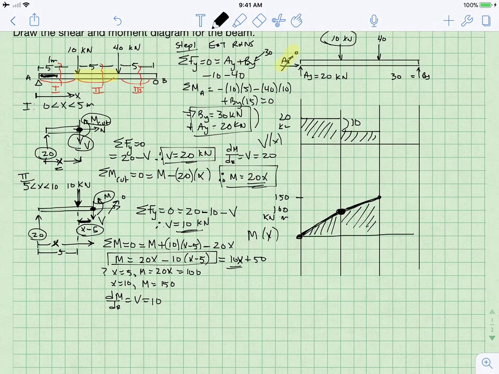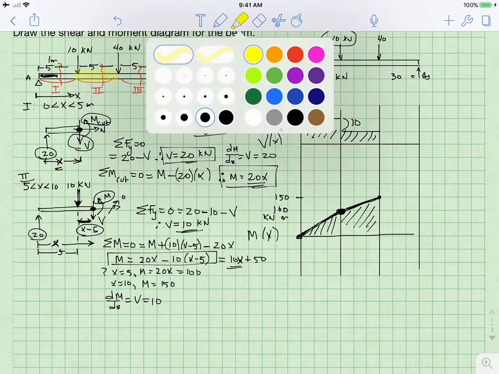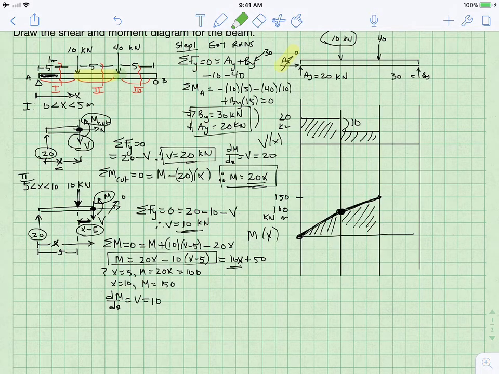Okay, so big picture now, we are ready for the third segment of the beam. That is to say, we're ready to think about what's happening between 10 meters and 15 meters on the beam. We are in region 3. I'm going to do this two ways.